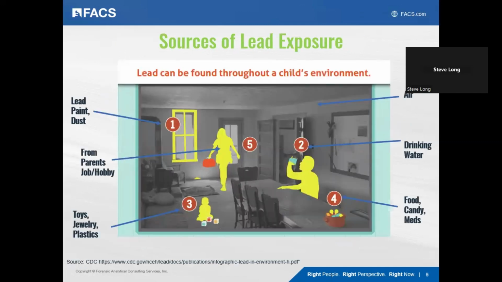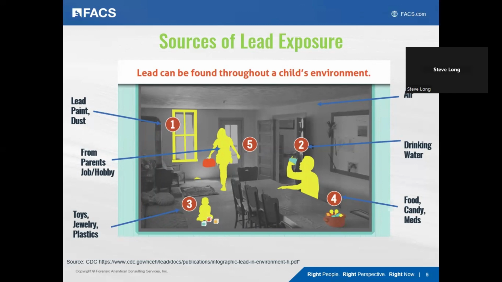So there are many sources of lead in a child's environment. Some examples here are lead from paint and the dust that's created from, say, friction of opening and closing a window, things of that nature. We have some exposure from air. That was much more dramatic before the banning of lead in gasoline for automobiles.